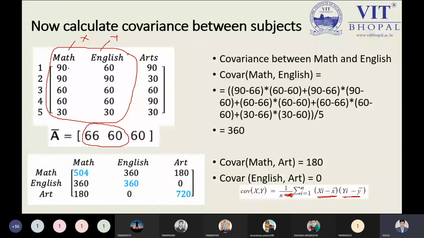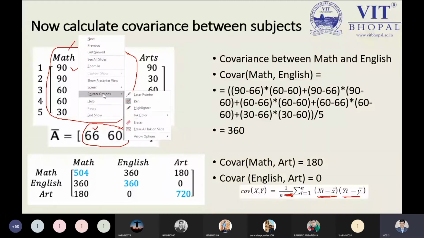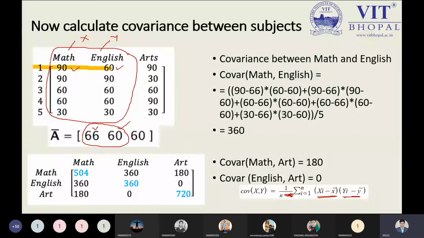Looking at only the first row: 90 minus 66, multiplied by 60 minus 66.